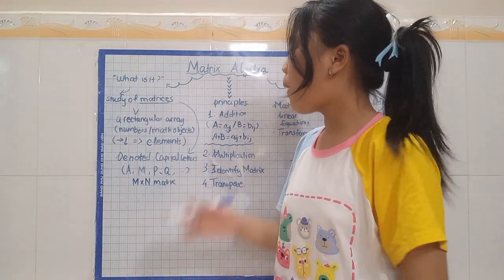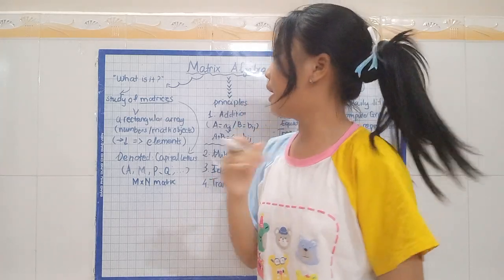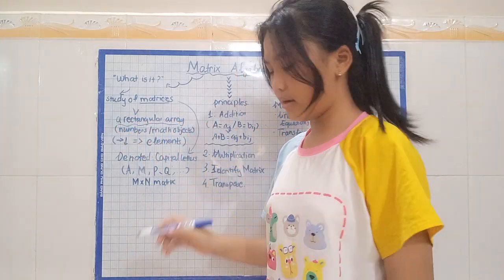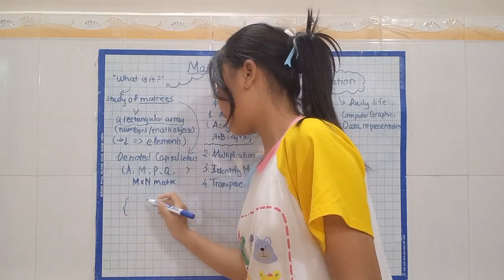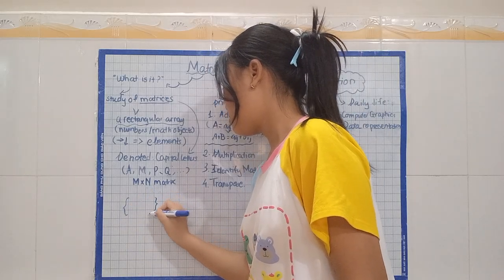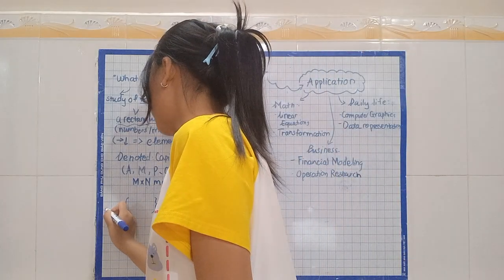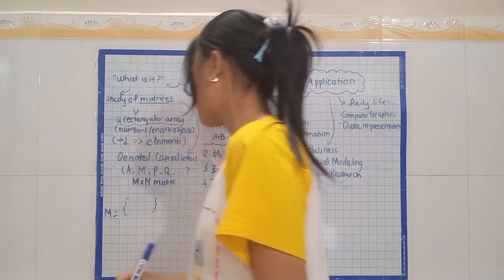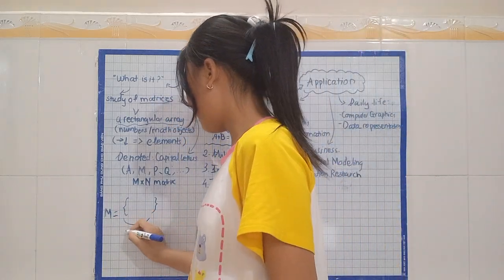So what is it actually? It usually is shown in a rectangular array. The rectangular array is usually shown like this. If we are given matrix M, we will represent it like this: matrix M equals, and then we have these rectangular arrays.